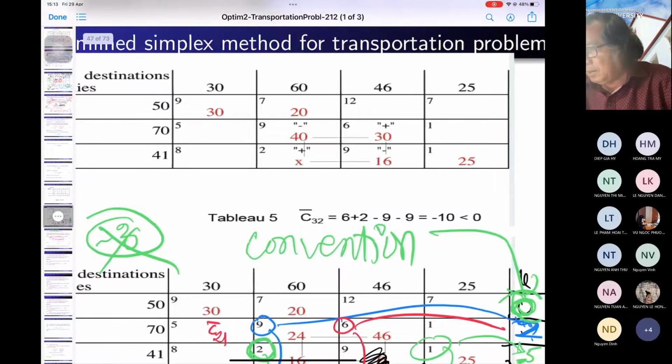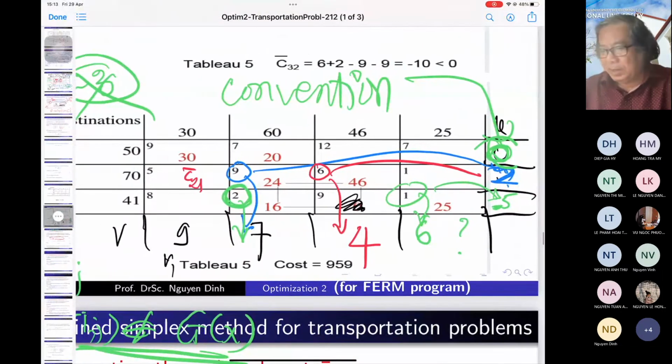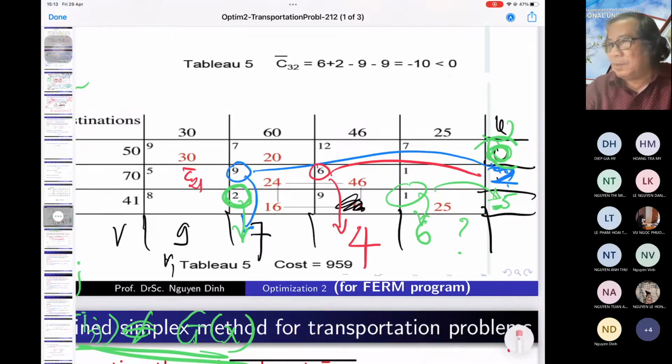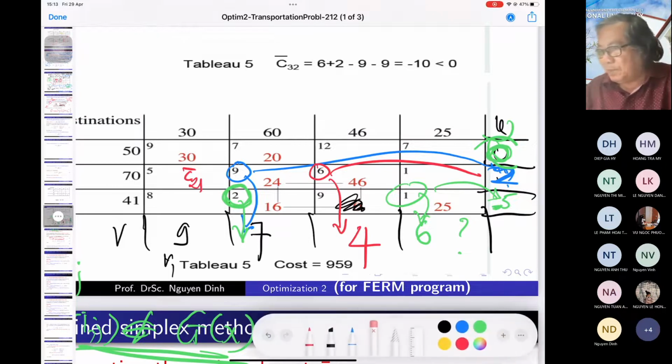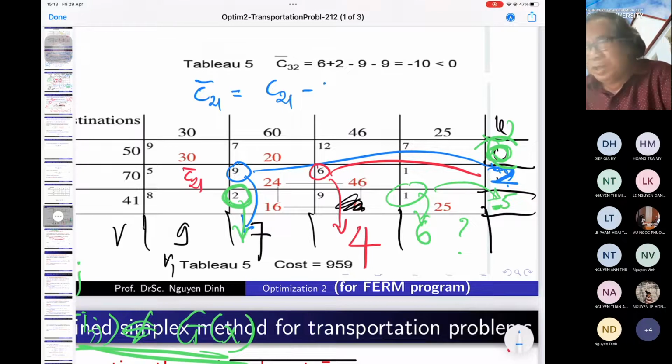Then, if we take a look at this one, for example, so what is C bar 2, 1? C bar 2, 1 equals C 2, 1 minus u2 minus v1. Is that okay?